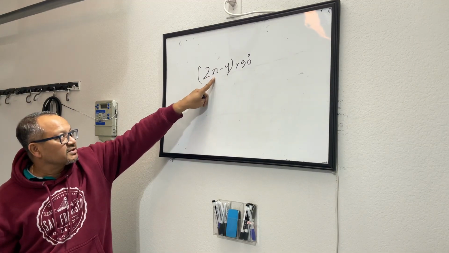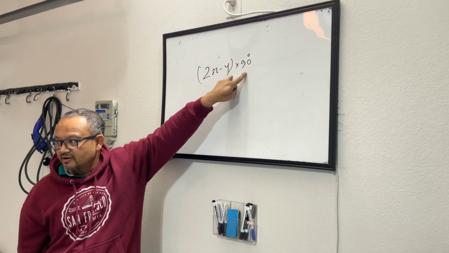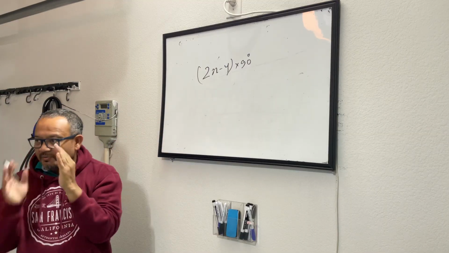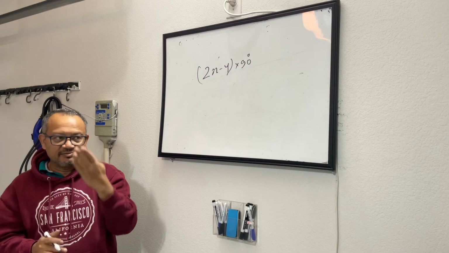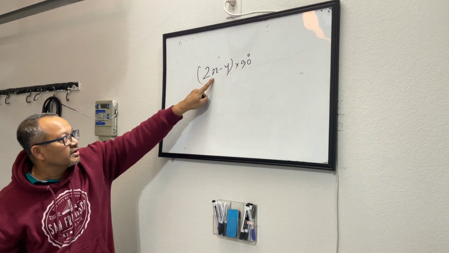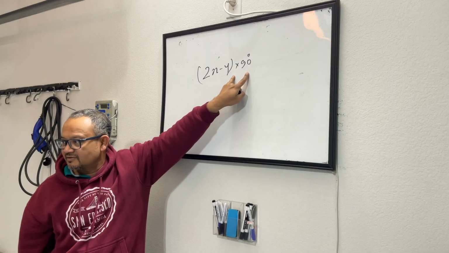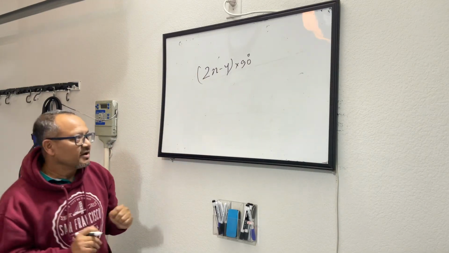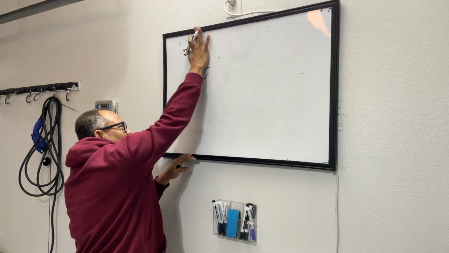So 2 times 3 is 6, minus 4, that is 2. 2 times 90 is 180. That's the total sum of all the angles within a polygon. If I'm talking about a quadrilateral, 4 sides, 2 times 4 is 8, 8 minus 4 is 4, 4 times 90 is 360. The sum of all the angles of a quadrilateral is 360. Okay? So this is, as I would call it, a sidekick.